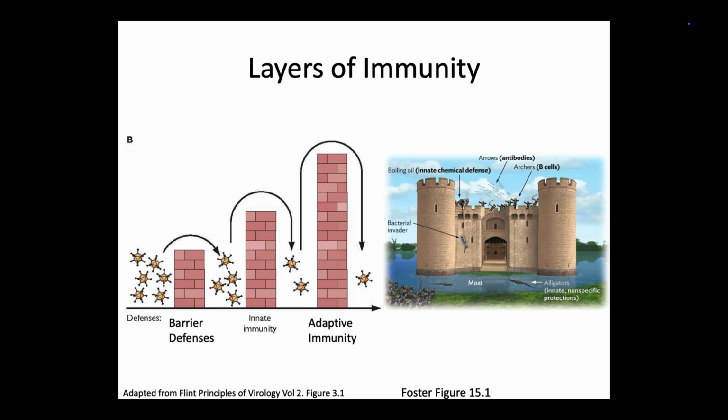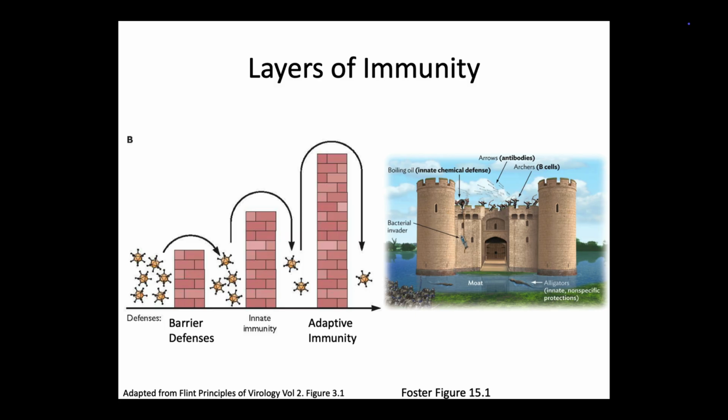Again, one thing to just be aware of is that these are 3 layers that we sort of made up as a way to help us understand and divide up the immune system. There are a number of cells and molecules that don't totally behave.